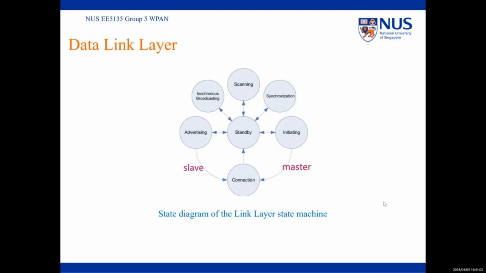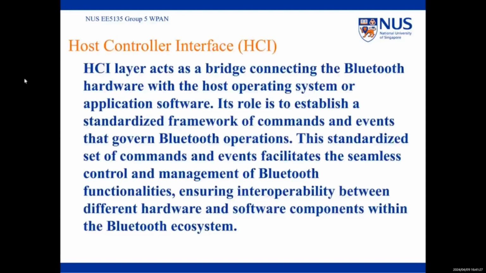Utilizing a state machine, the link layer transitions between various states of BLE based on different events. This approach provides a clear framework for implementing Bluetooth communication as it delineates the progression between different operational states in the system.